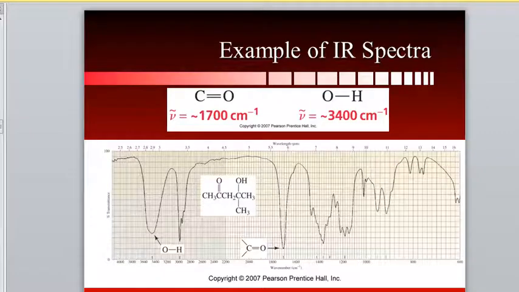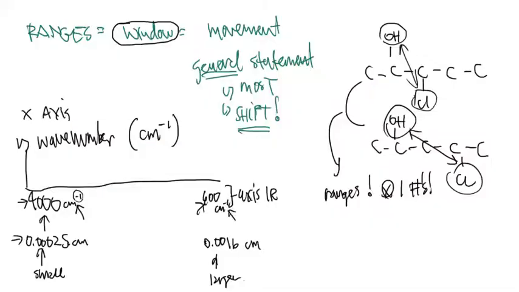Something else that you need to look at is the y-axis. This is percent transmittance. We've seen percent transmittance before. Percent transmittance is basically how much light is getting through. So in the beginning, maybe all of the light is coming through the sample. It's not absorbing at all, so that is 100% transmittance.